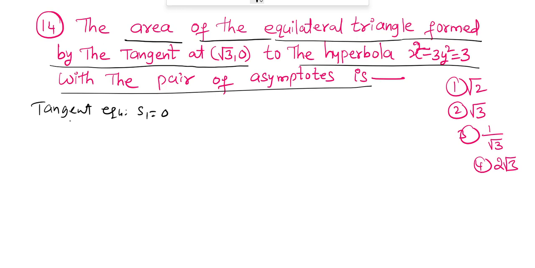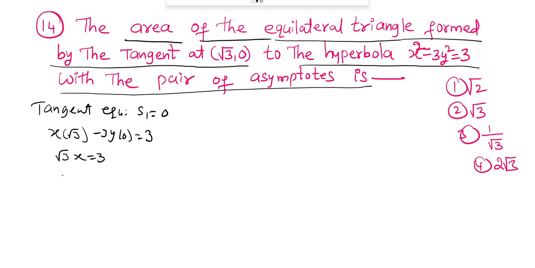The given point is (root 3, 0). Substituting, x into root 3 minus 3y into 0 is equal to 3. From this, root 3 into x is equal to 3, so x is equal to root 3. So the tangent equation is x minus root 3 is equal to 0.